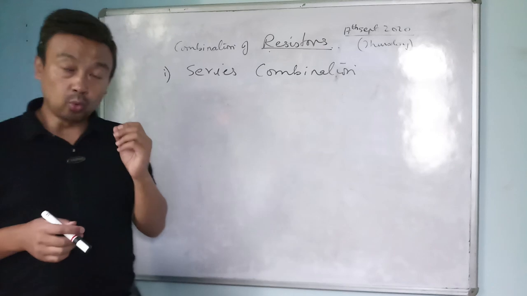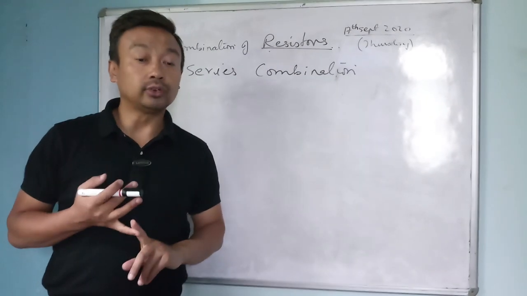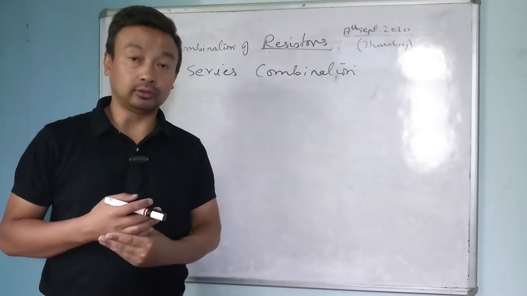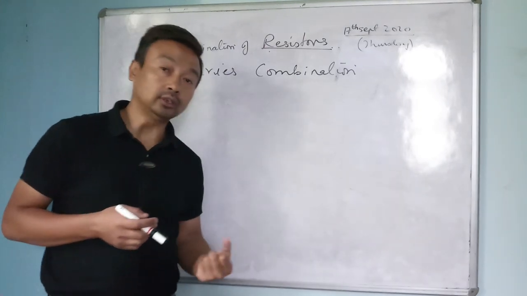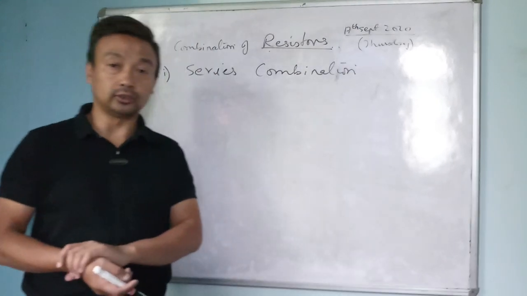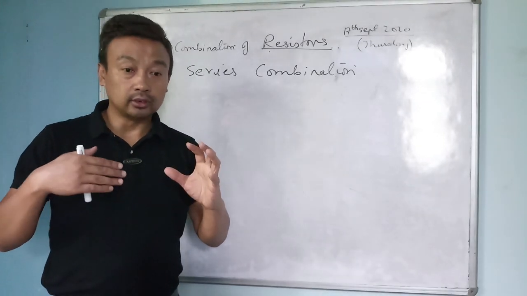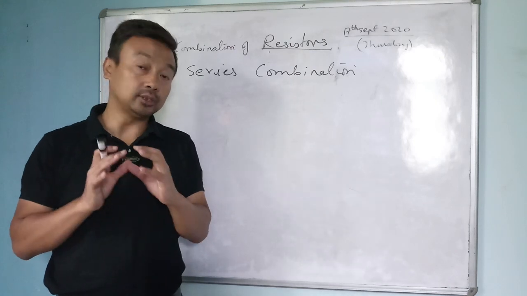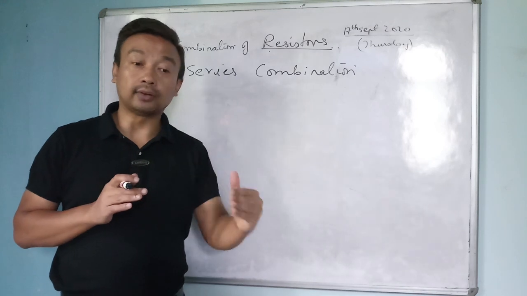Then one end of one resistor is connected to the other end of the other resistor, and the other end of that first resistor is connected to the terminals of a battery or a source of current. So what is happening here is basically the resistors are joined one after the other.